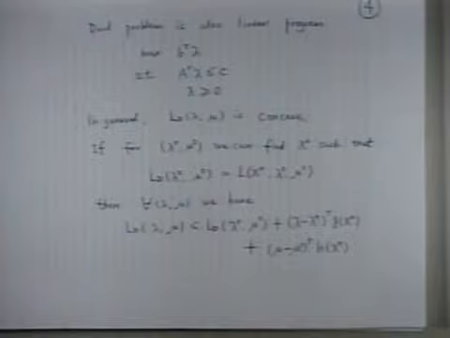These are multipliers to the original problem. Remember, I can write down the Lagrangian function L(x, lambda, mu) as f of x plus lambda transpose g of x, where lambda is for the inequality constraint, plus mu transpose h of x.